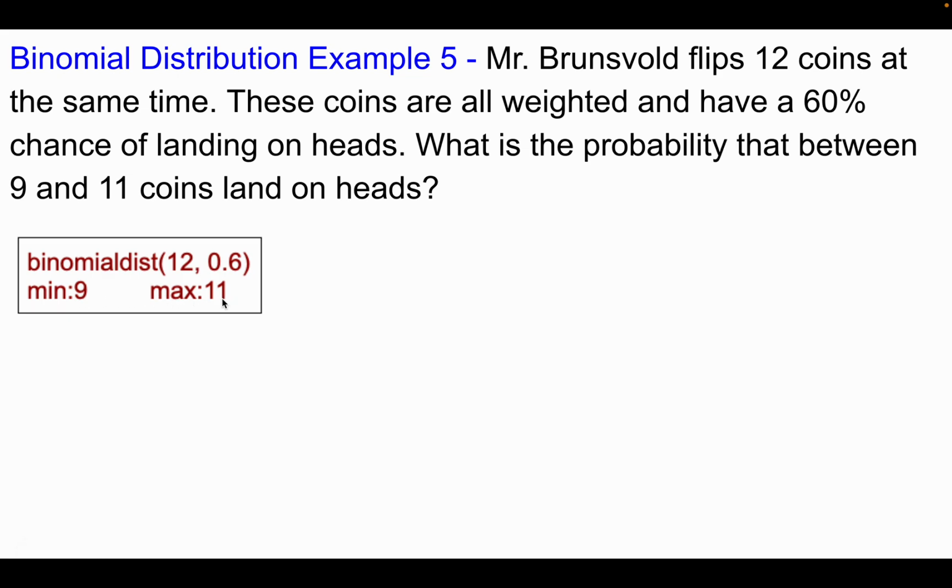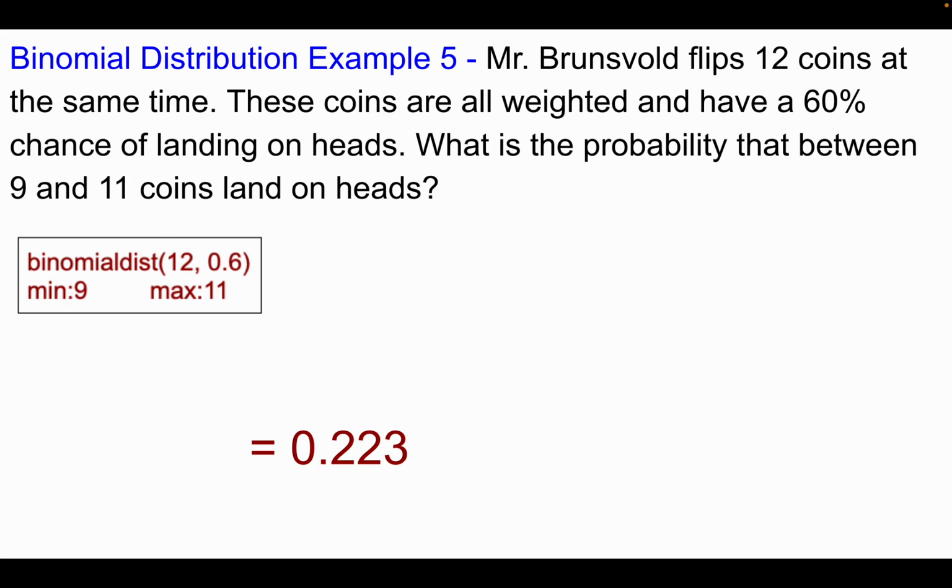So again, this is the advantage of the binomial distribution function in Desmos. Historically you would have had to calculate 9 and 10 and 11 to get this answer. With the binomial distribution, you can just type in 9 and 11. Your answer will come out to be 0.223.